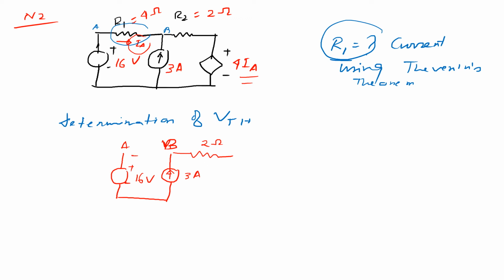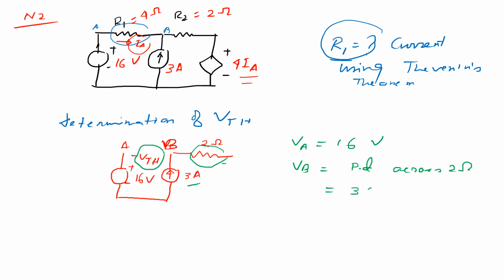Now you have to find out what is Vth. So this is our target, to find out Vth. First you calculate the potential VA. Potential of VA is equal to 16 volt, and potential of B is the voltage drop across the 2 ohm resistance, that is 3 into 2, that is 6 volt.